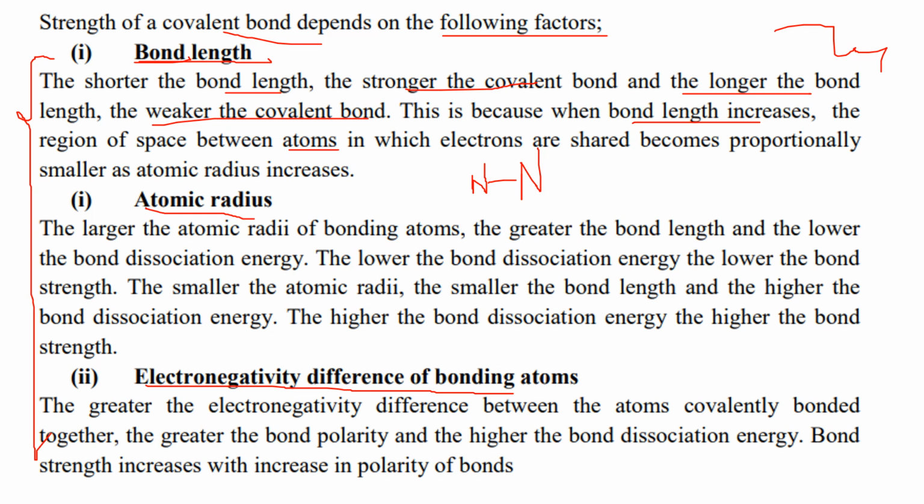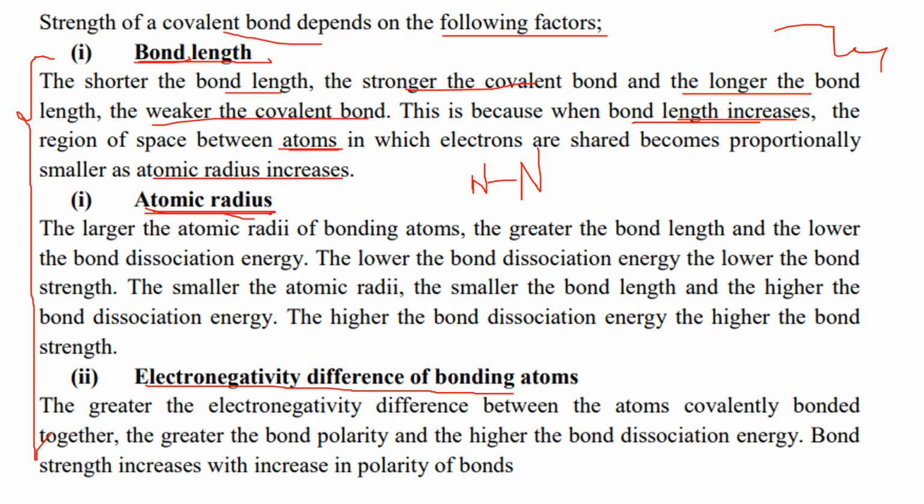The reason behind that, though it's not necessary when you're explaining melting and boiling points, let's look at it so that you just understand it. This is because when bond length increases, the region of space between the atoms in which electrons are shared becomes proportionally smaller as the atomic radius increases. So we also look at atomic radius as a factor affecting the bond strength of covalent compounds.